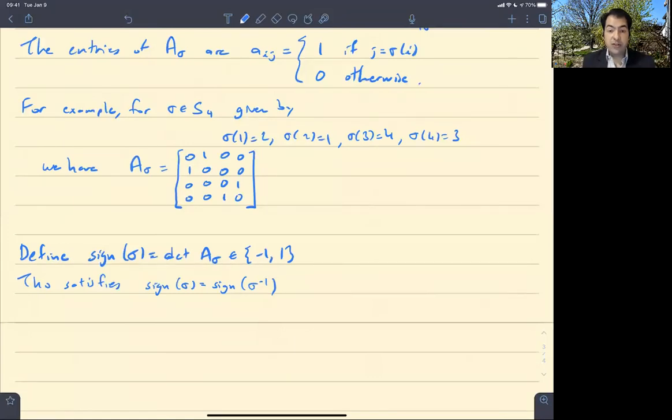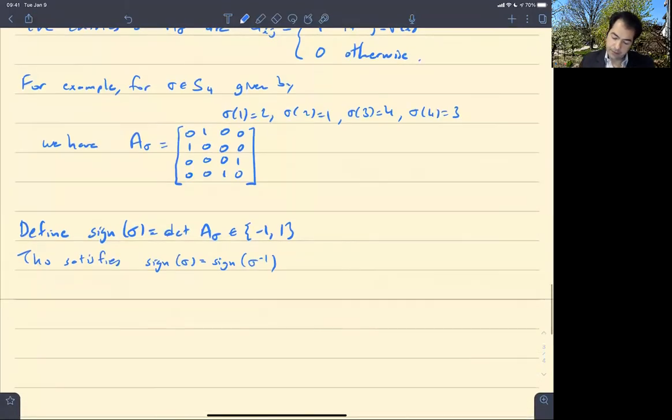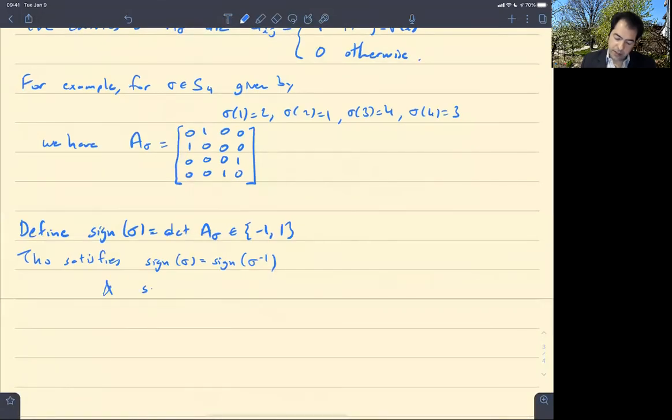And because this is a bijection, it has an inverse, and the inverse is also a bijection, so a permutation. Also, the sign of a composition: because these are just functions, it makes sense to compose them. The sign of a composition is equal to the product of the signs of the individual permutations.